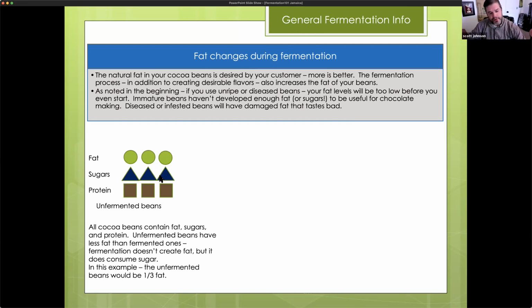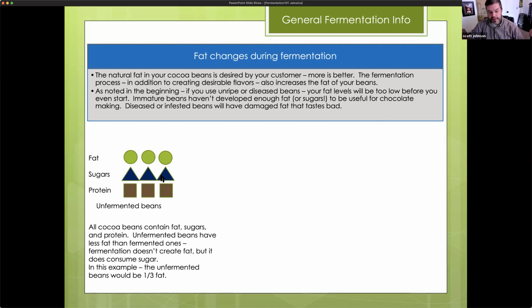So let's look at what's going on and why fermentation gives us a higher fat bean. If we think really generically about the stuff that's in cocoa beans, all food is made up of basically 3 types of things. You've got fats, which in cocoa beans happen to be cocoa butter.